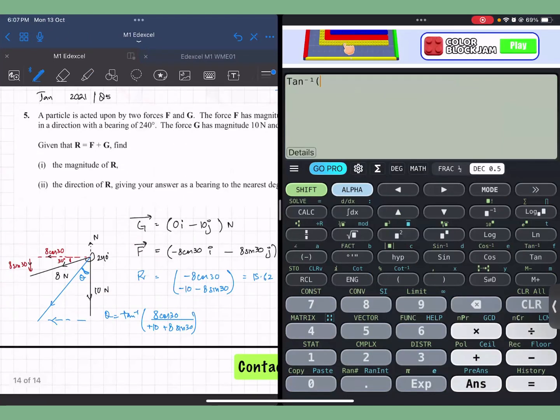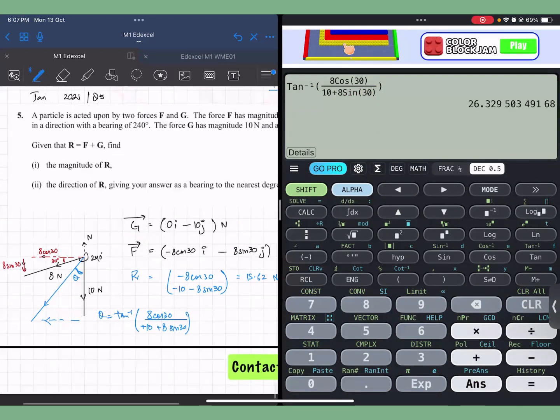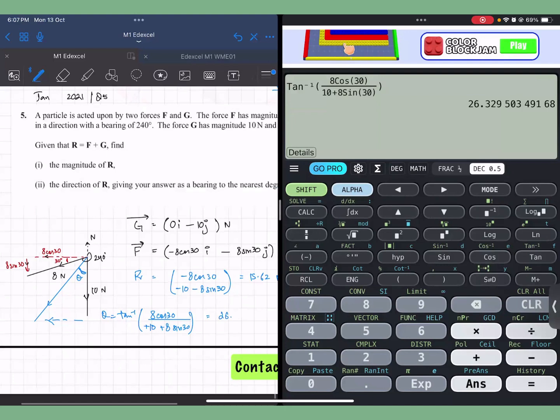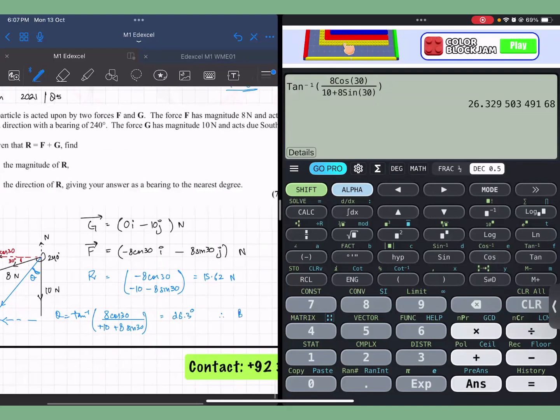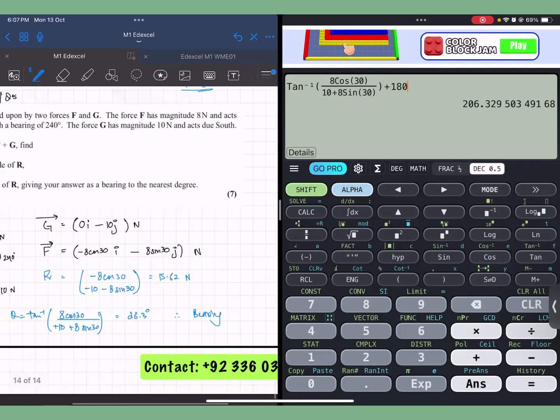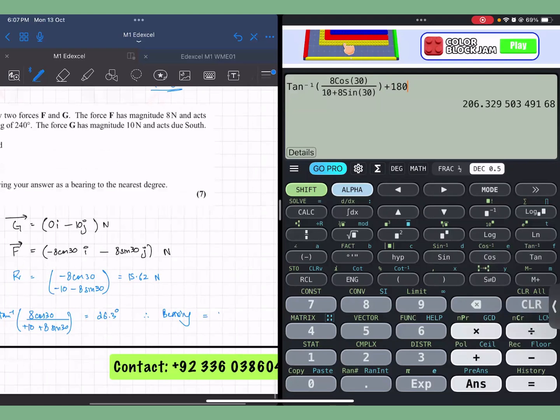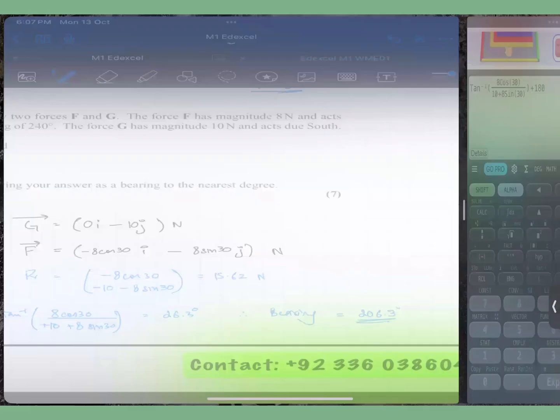That gives 26.3, and you will add 180. So the bearing is 206.3, your answer.